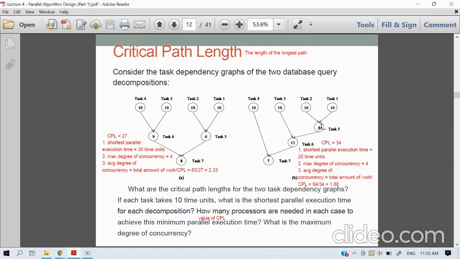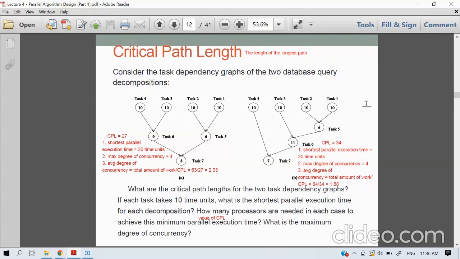Task 2 plus task 5 plus task 6 plus task 7. How much? 16 plus 11, 27 plus 7, 34. Task 1 plus task 5 plus task 6 plus task 7 is similar to task 2, 5, 6, 7.